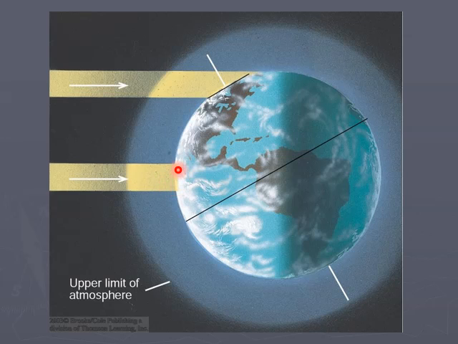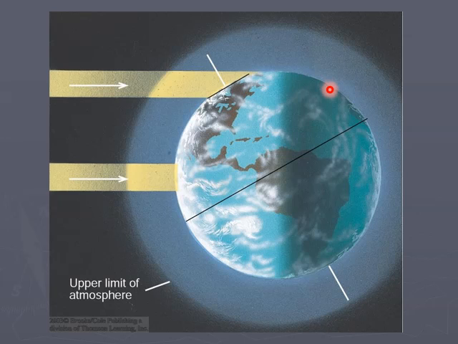Now, in the wintertime, the sun's coming in from this direction, and you'll see that you still get the same occurrence right here. So you get summer in the southern hemisphere and winter in the north. Up here the sun is spread over a bigger area, so there's less energy per unit area.